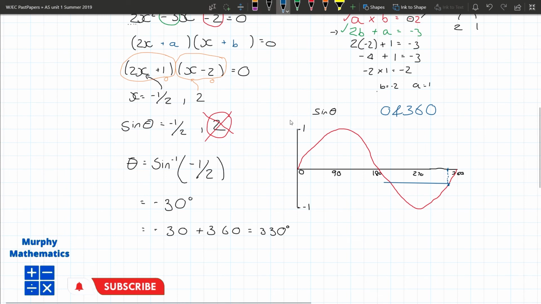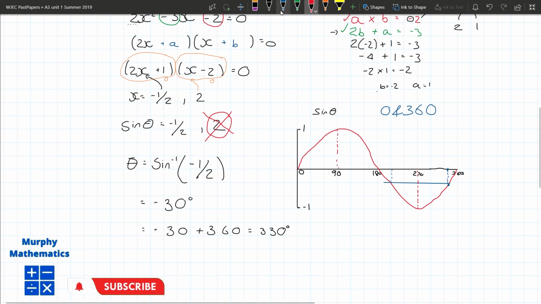Where it hits the graph and comes back up to the graph, this is how we're going to find our angle. So for these types of questions, I know that I have a line of symmetry at 270 degrees. There are many ways to work out this second theta value, but this is the way I like to do it. And I know there's one at 90 degrees. So these are lines of symmetry.